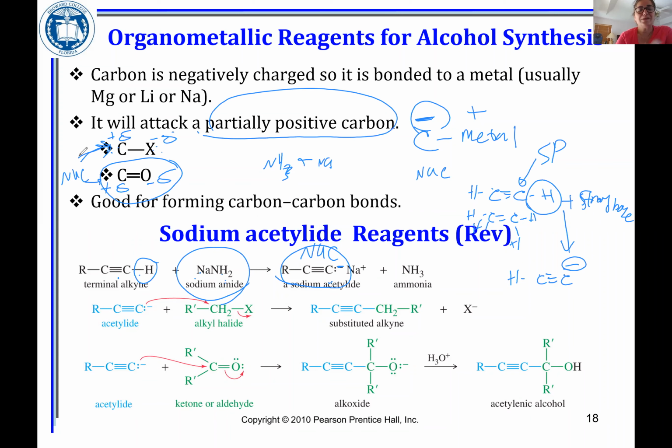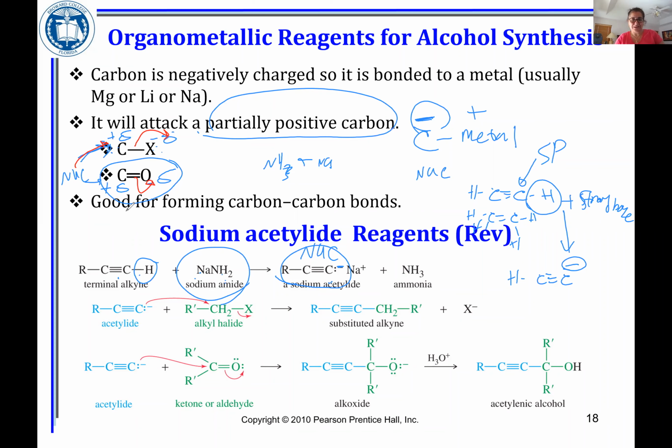Okay? What happens if nucleophile attacks alkyl halide? When the nucleophile attacks the alkyl halide, then the leaving group is going to leave. When nucleophile attacks the carbonyl group, the pi bond will break over the oxygen. So that's the major difference. Okay? If you don't have leaving group, the pi bond will break. If you have a leaving group, the leaving group would leave.